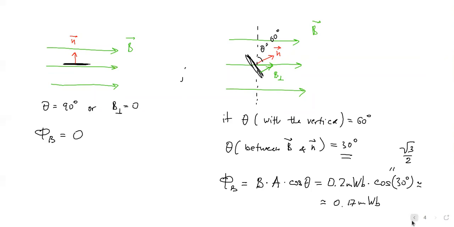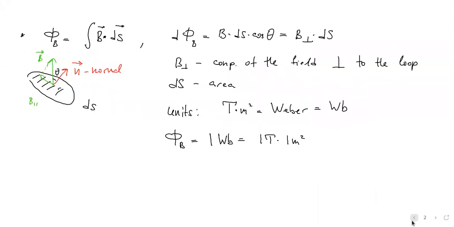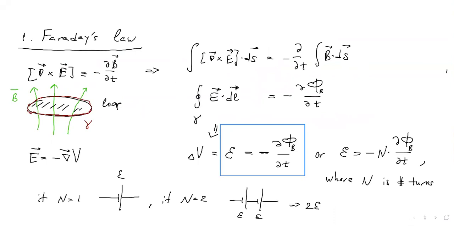So we basically understand a little bit about what the flux of the field is. Now, the right side of Faraday's equation is the flux. You can roughly think of this flux as the number of lines of magnetic field which cross the area perpendicular to this area.